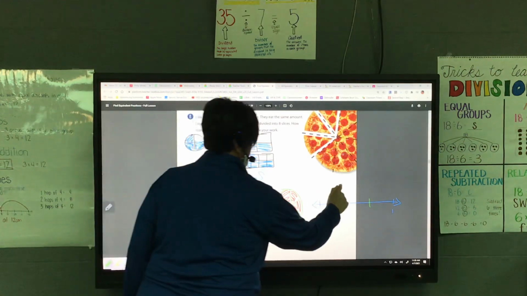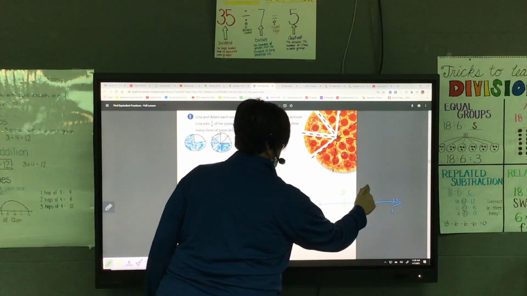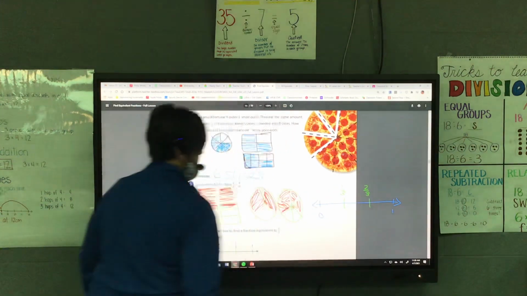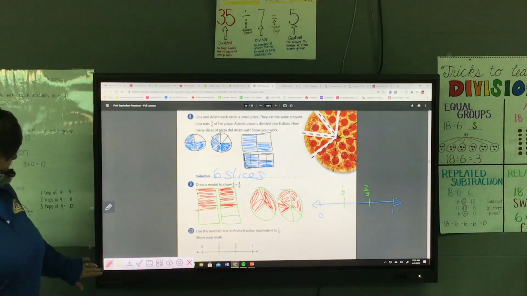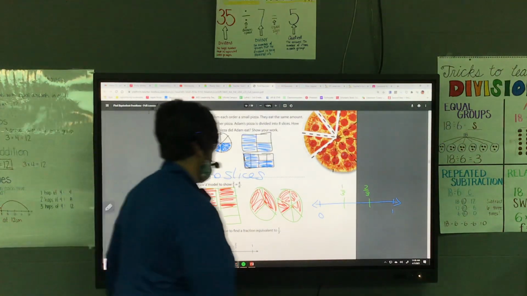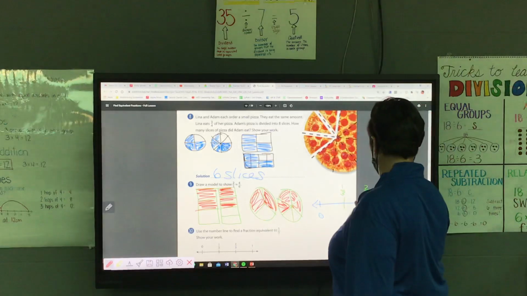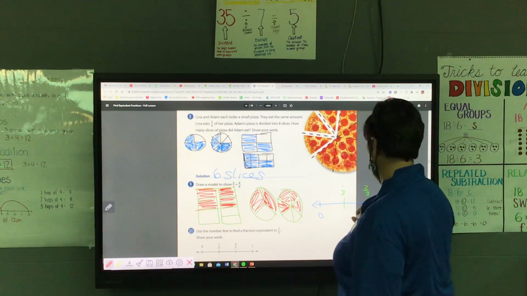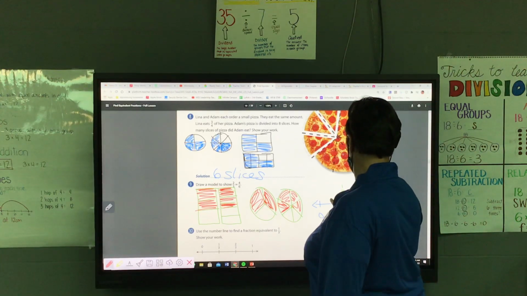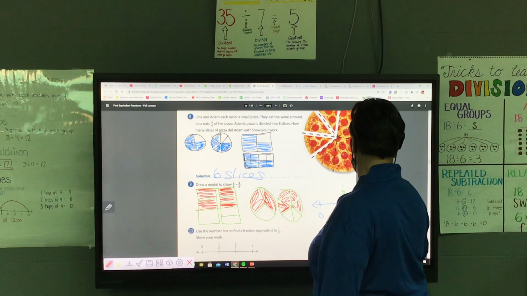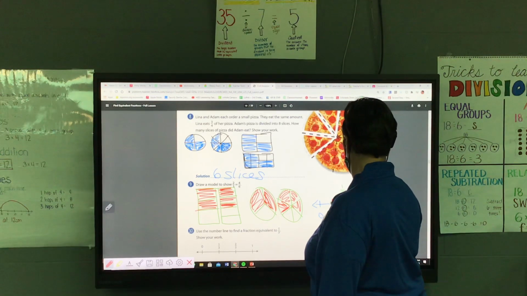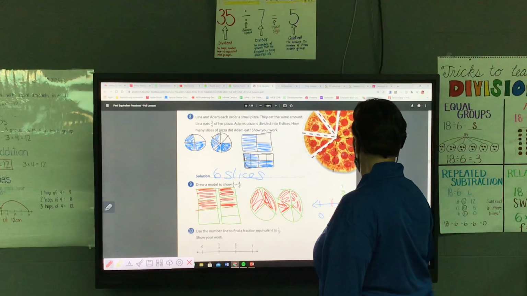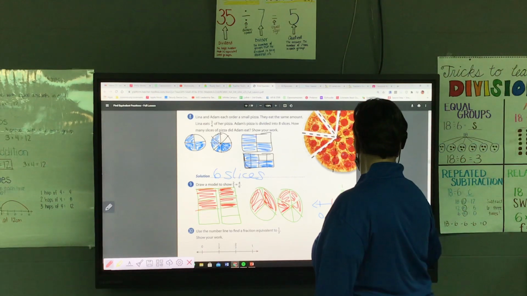So here I have 1/3 and 2/3. Here I have to do sixths. 4, 5, 6.